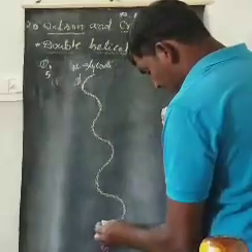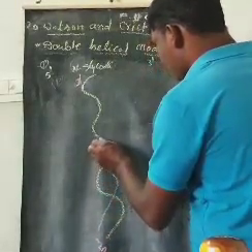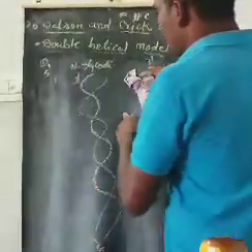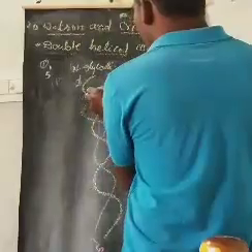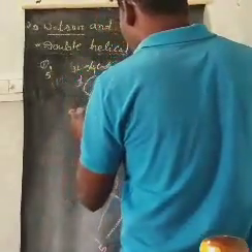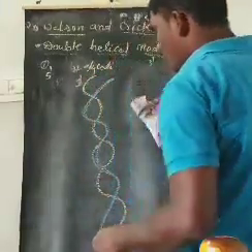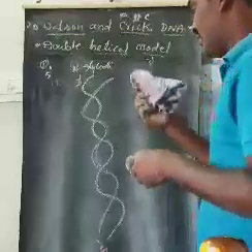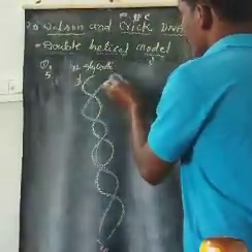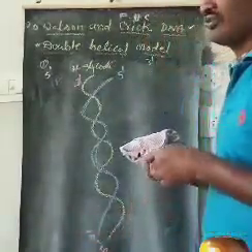So that is what we are observing. This is the anti-parallel arrangement of the DNA molecule, having 5' to 3' of the DNA molecule.